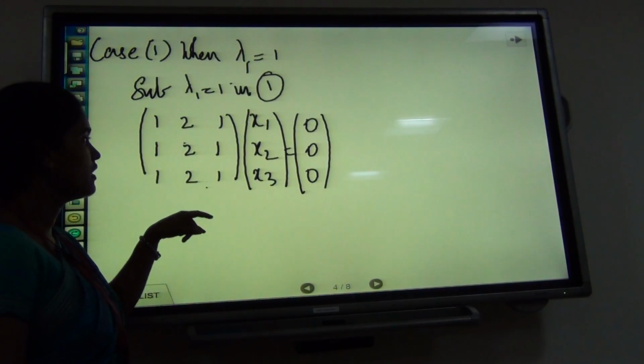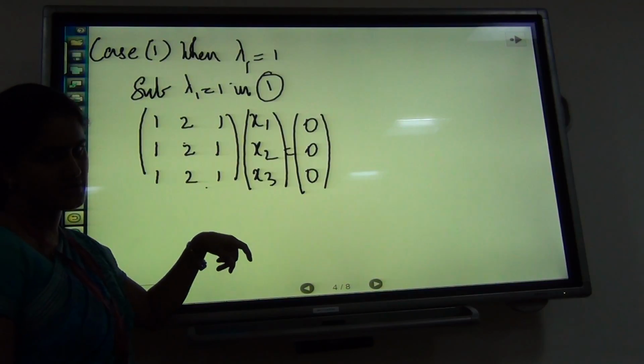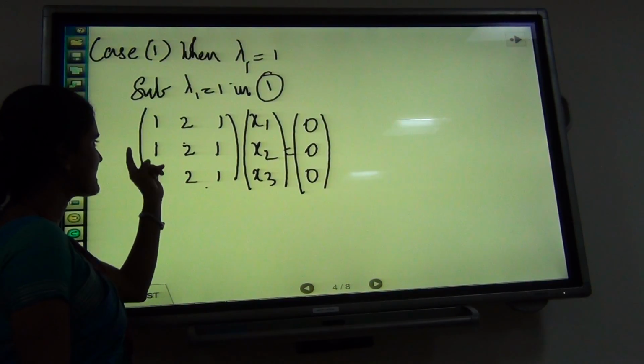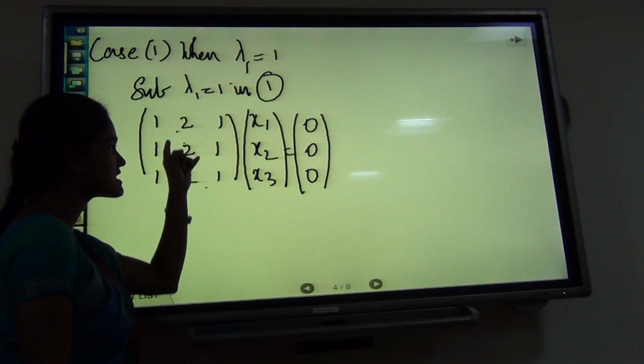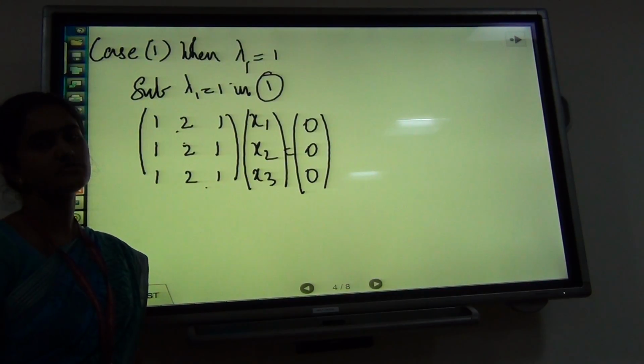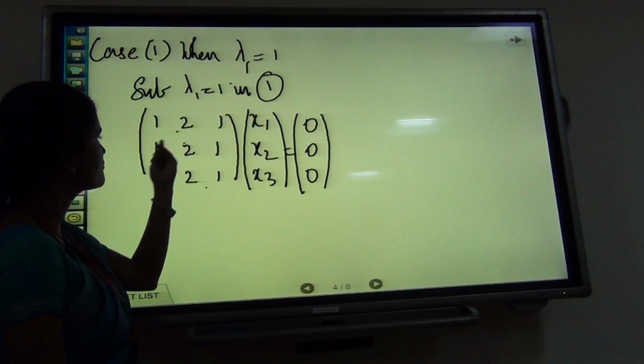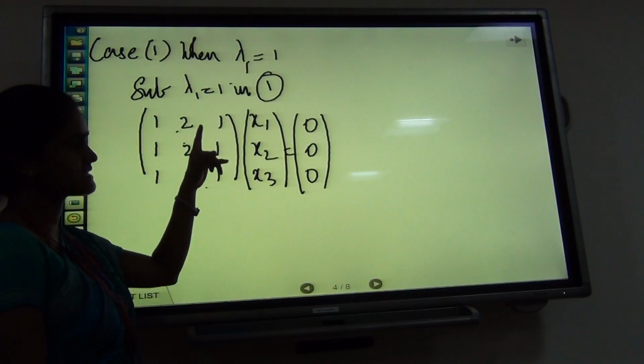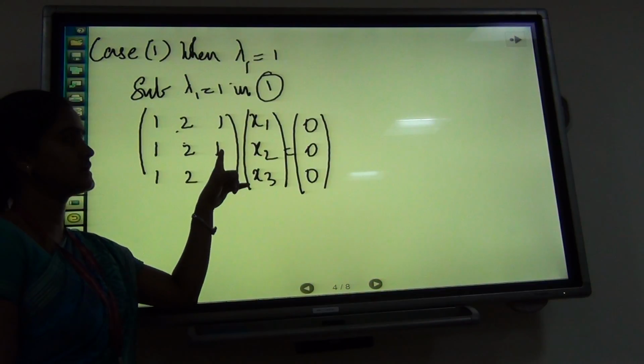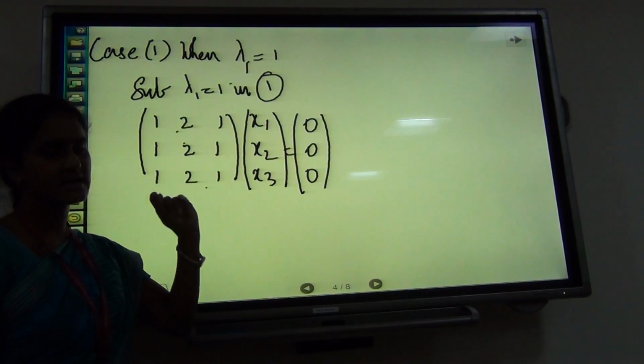Now we have to take this in terms of equation. What we could observe from this matrix is all the 3 rows are identical. After we substitute lambda is equal to 1, all the 3 rows are identical.